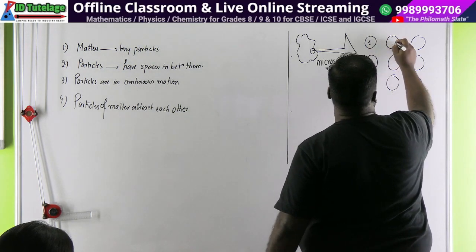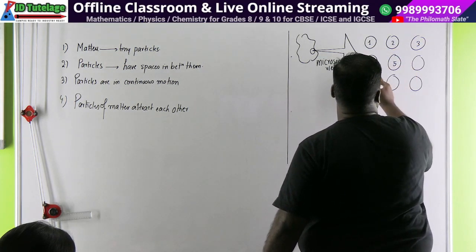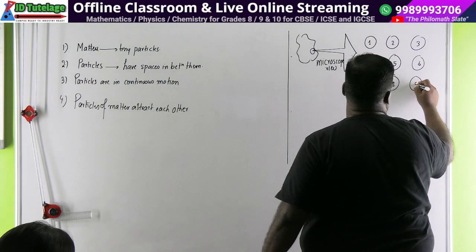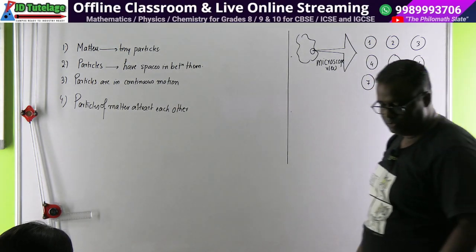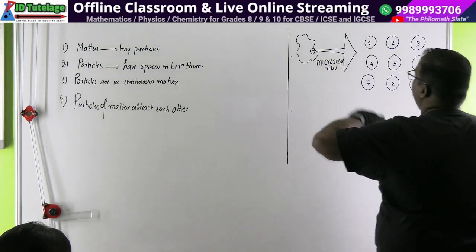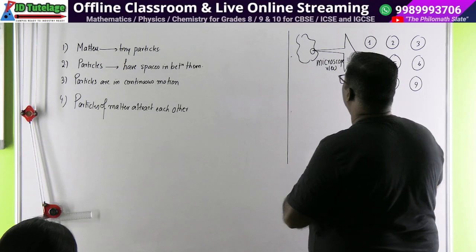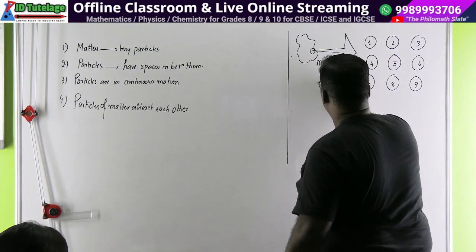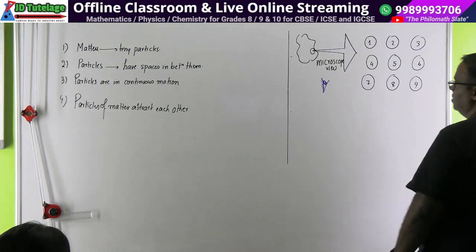Let us call them particle 1, 2, 3, 4, 5, 6, 7, 8, 9. Now, matter is composed of tiny particles. This is the microscopic view that you are getting. If you want to draw your view, you can make an eye like this, and this is how you are seeing.